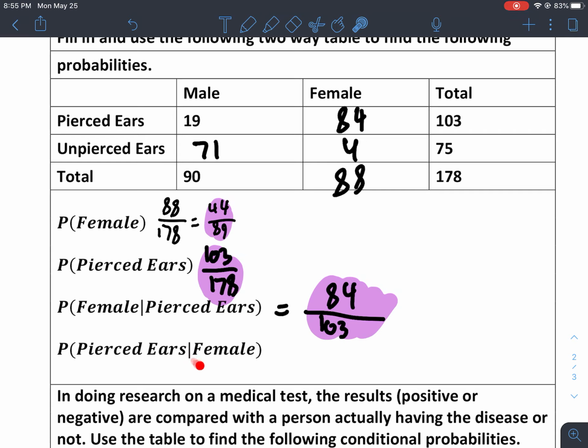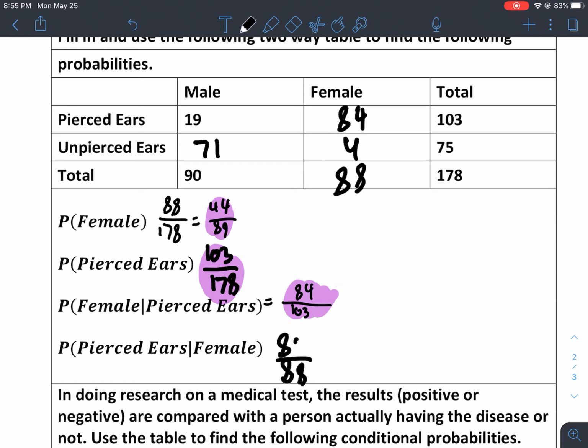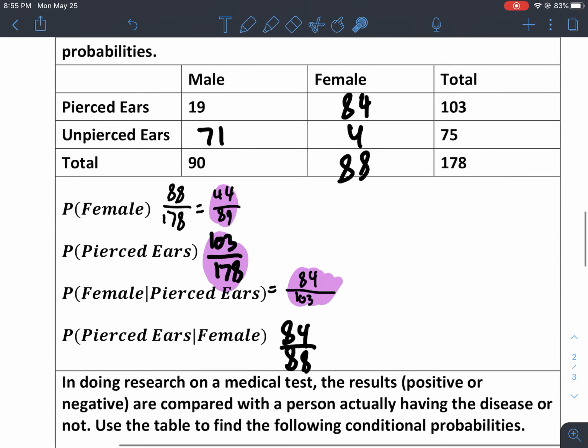And then, given that the person in this data is female, so there are 88 females, 84 of those had pierced ears. So 84 out of 88 have pierced ears, given that they are female, right? Because here's total female, and here's female with pierced ears.